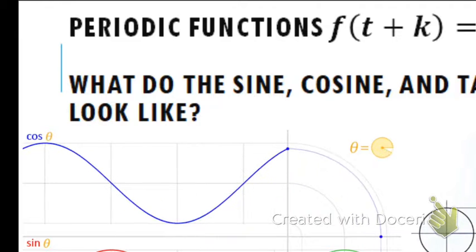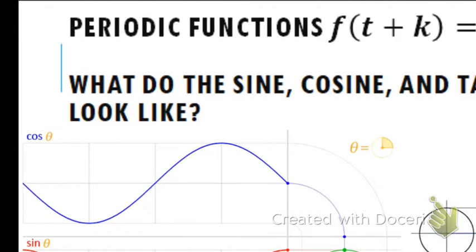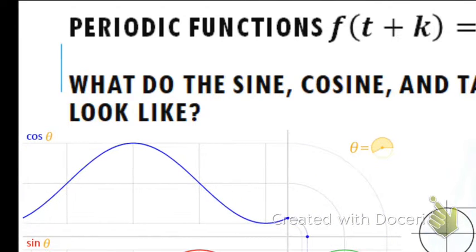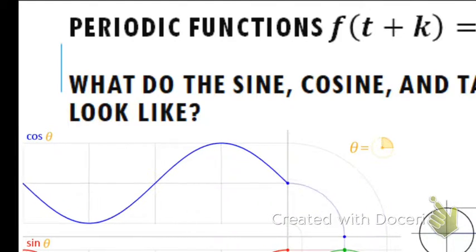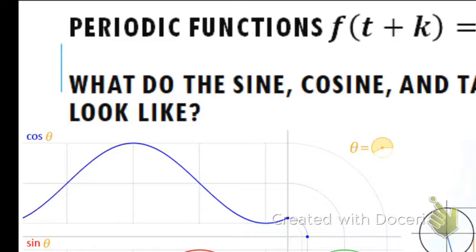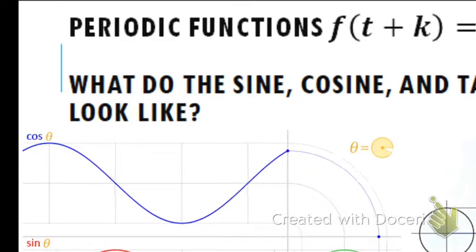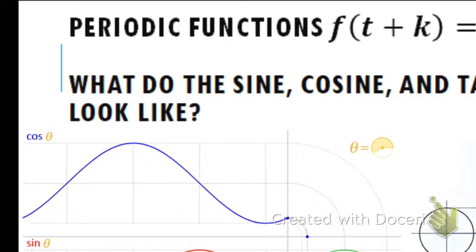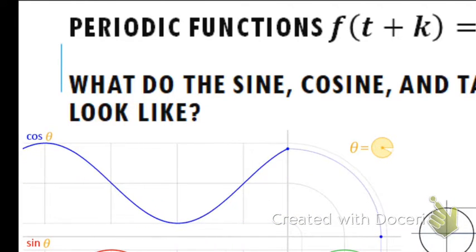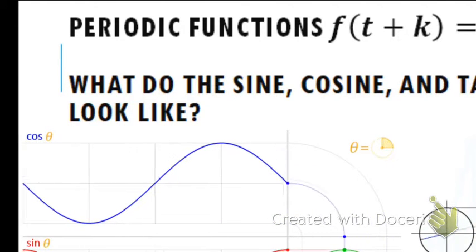What do you notice about tangent? Does it look anything like sine and cosine? No, it looks very different. It starts off by increasing forever, but then it stops, and then we jump down to negative infinity, and then it comes up and increases.